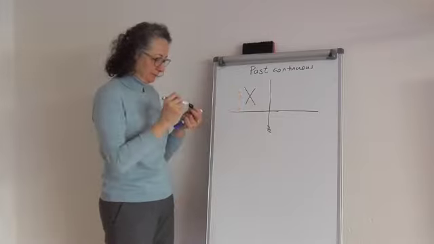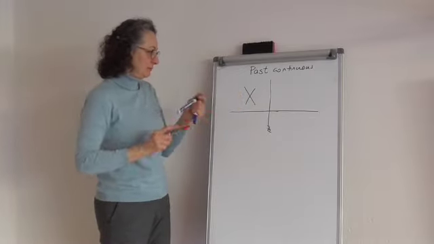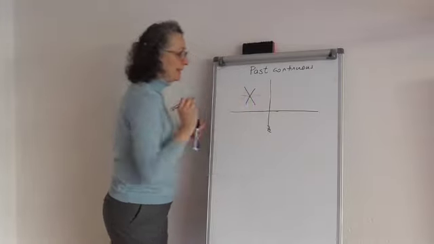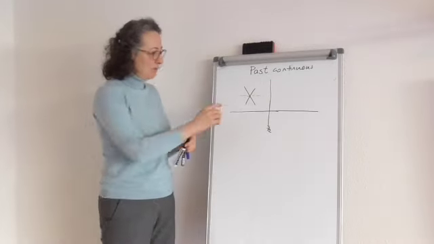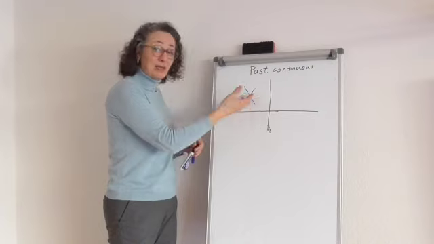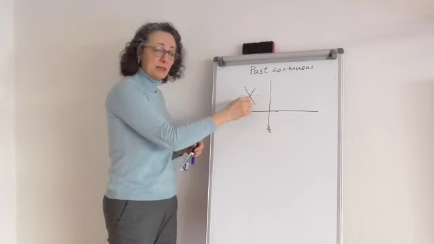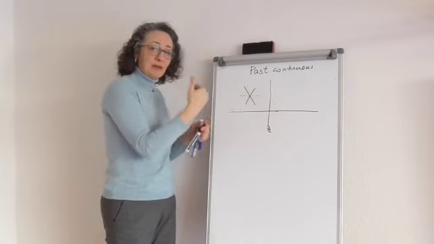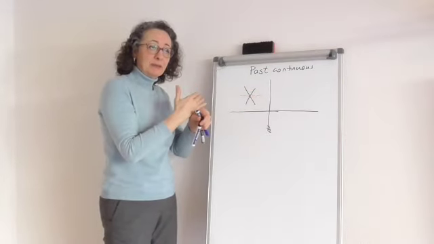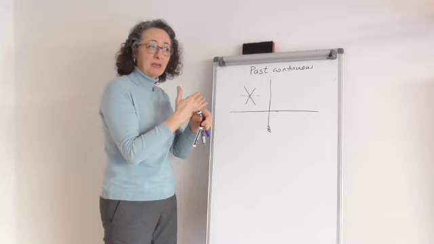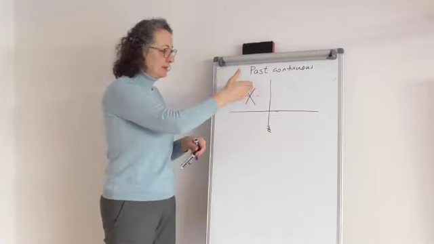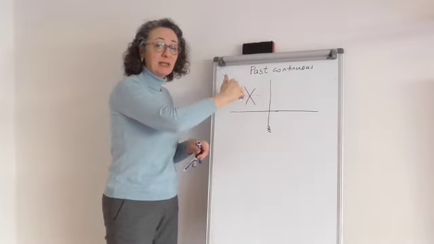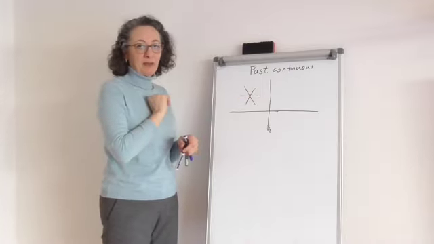One is when two actions happen at the same time. One of them was actually happening before this happened, and probably will continue, but there is a kind of this interrupting, let's put it this way, the simple past interrupting an action that was actually happening.